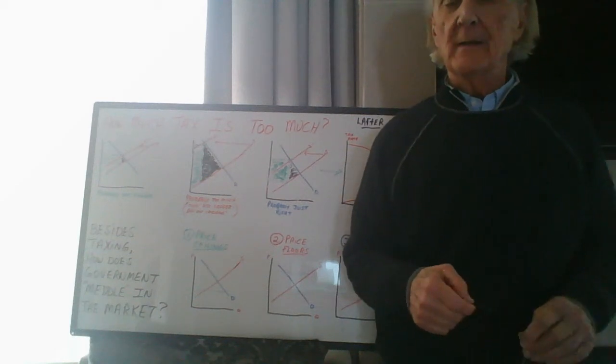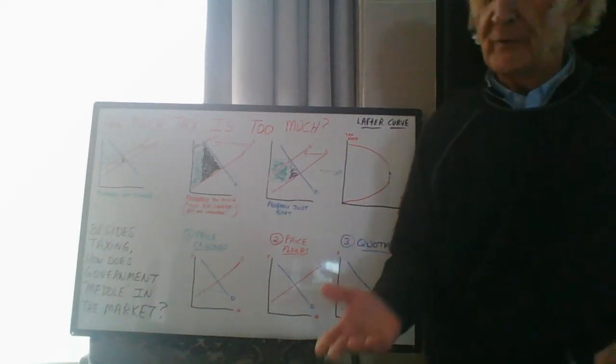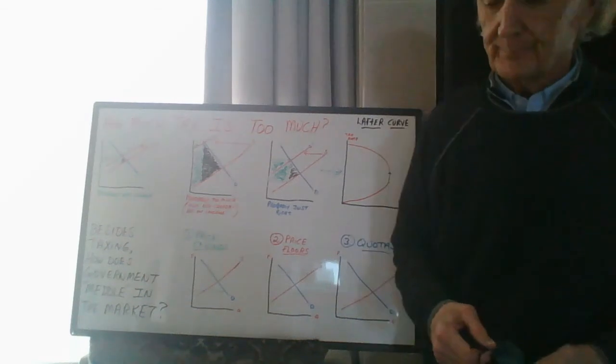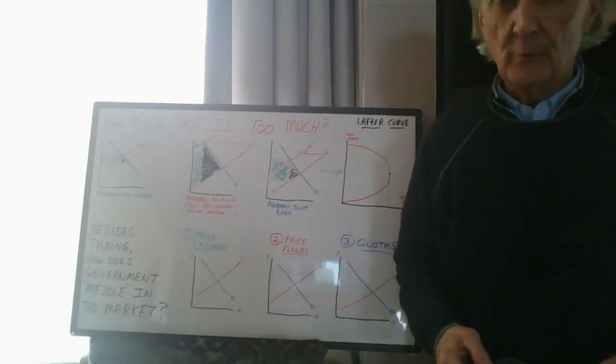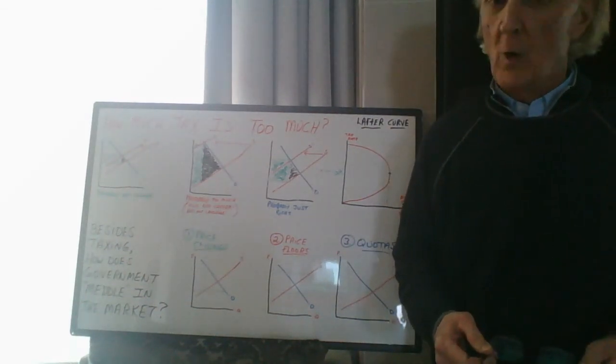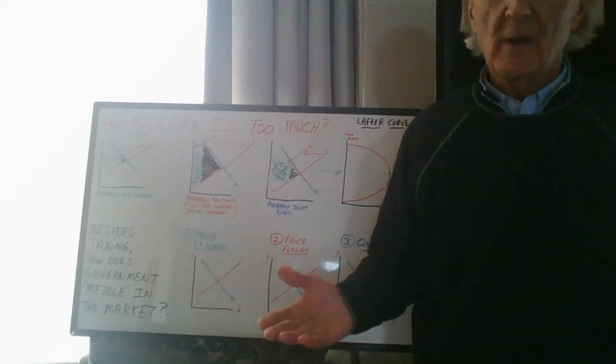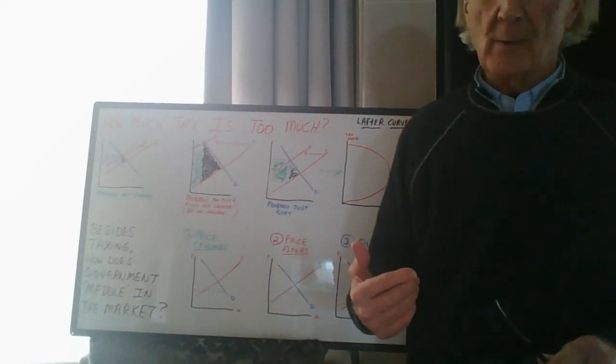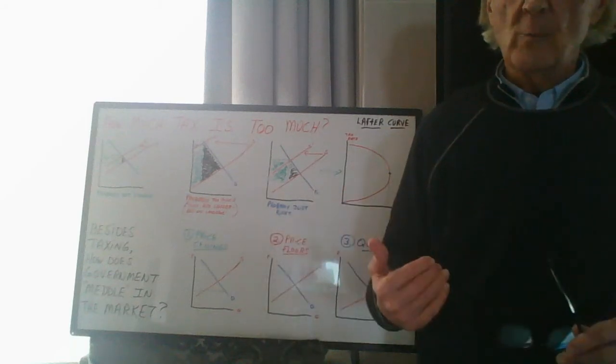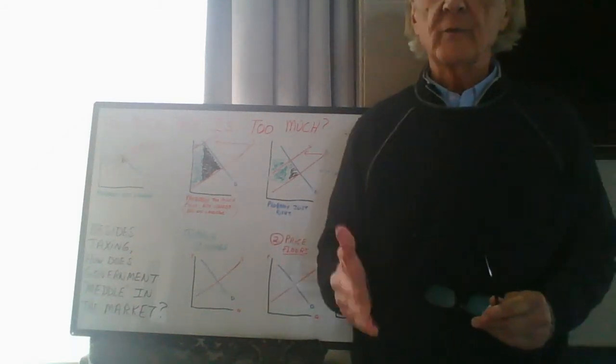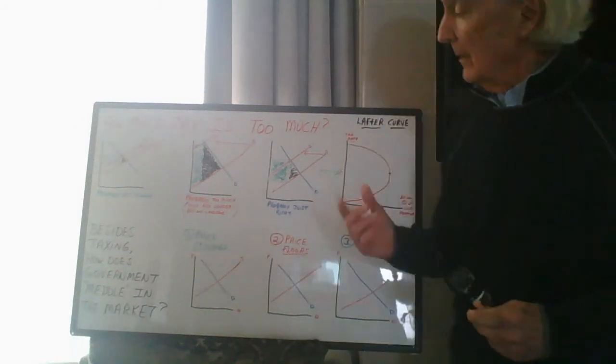And then Japan graciously offered to institute voluntary quotas, which they knew they had to do anyway, because if they didn't, we would have. But a quota is quantity control.